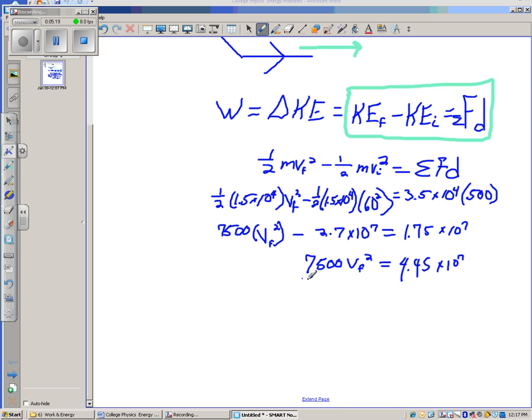Divide both sides by 7,500 and take the square root. So VF is equal to the square root of 5,933, giving us a final answer of 77 meters per second.